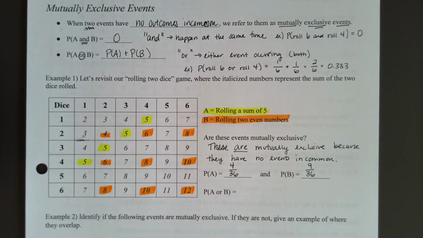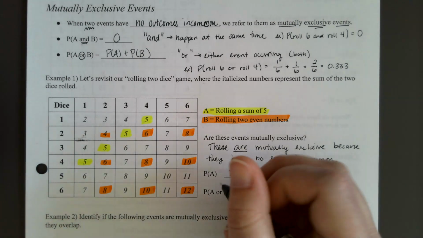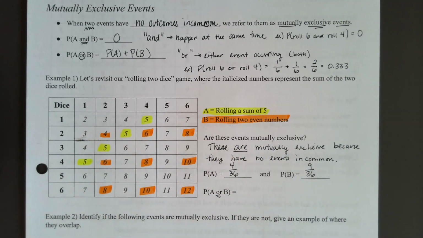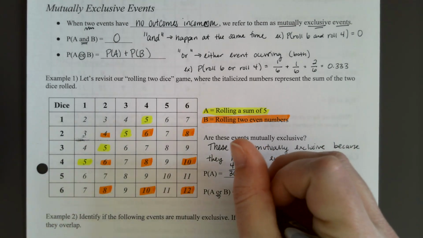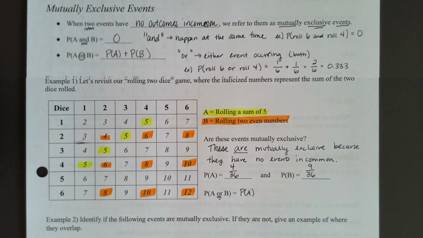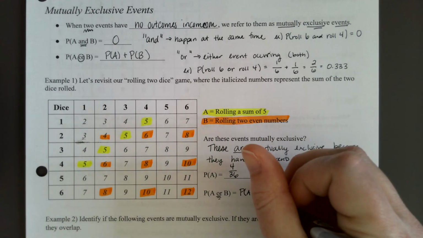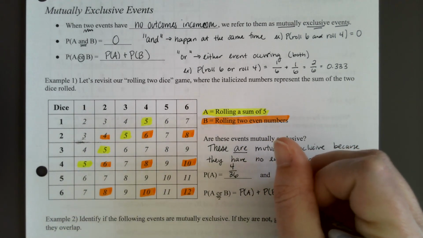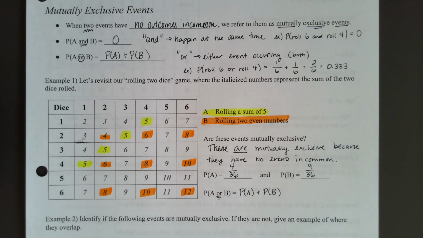Because these are mutually exclusive, I can just add the two probabilities to figure out the probability of A or B happening, meaning I roll a sum of 5 or I roll 2 even numbers. I'm going to take the probability of event A, rolling a sum of 5, plus the probability of event B happening, so either or happening.